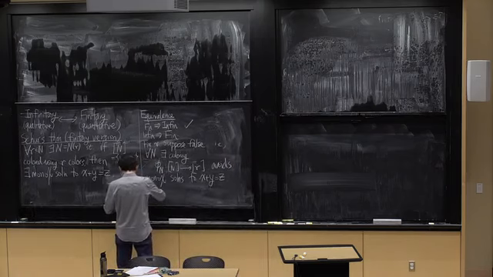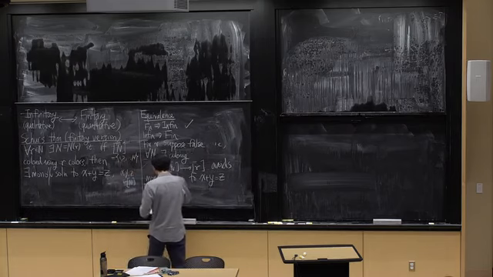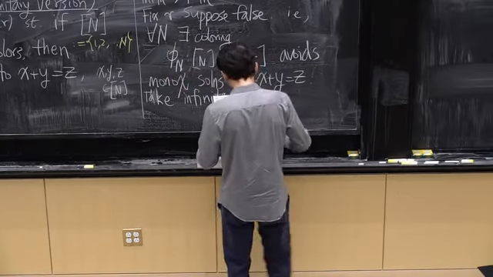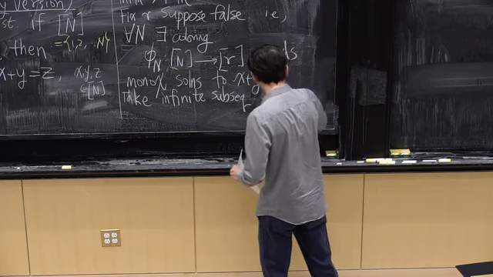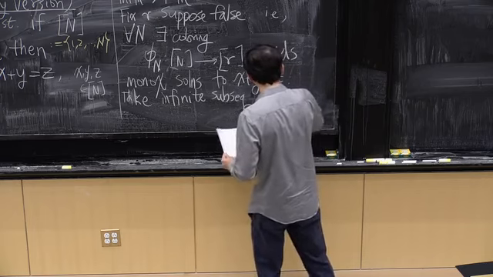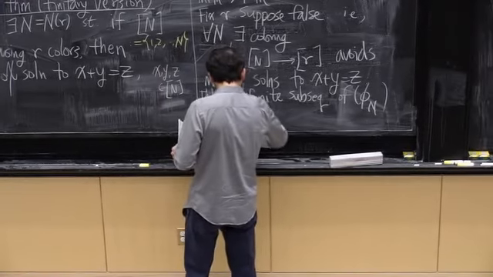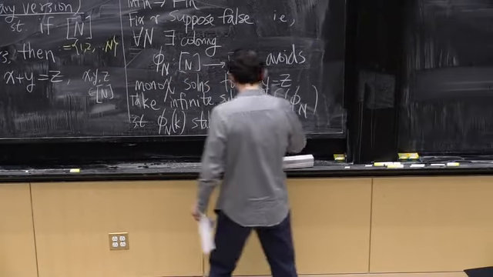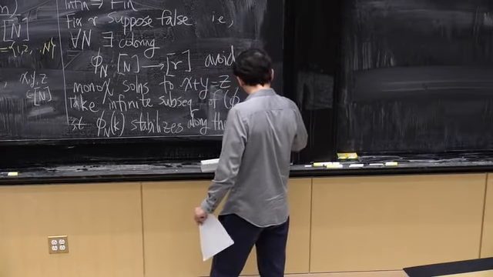Namely, we take an infinite subsequence of this phi sub n, such that phi sub n of k stabilizes along the subsequence for every k.